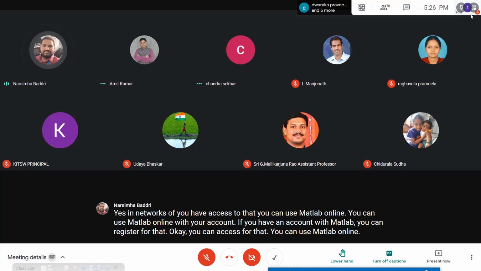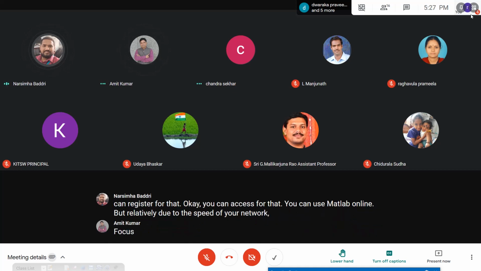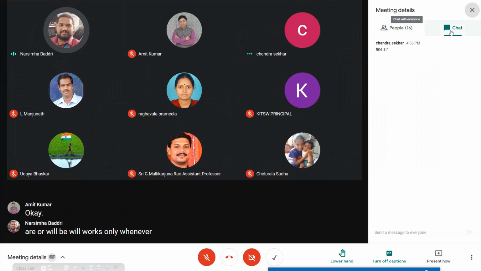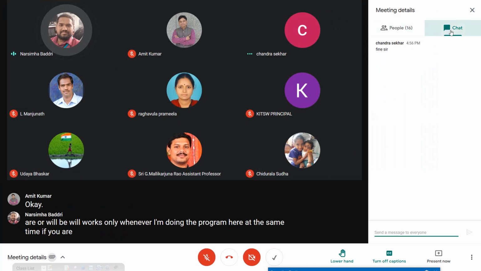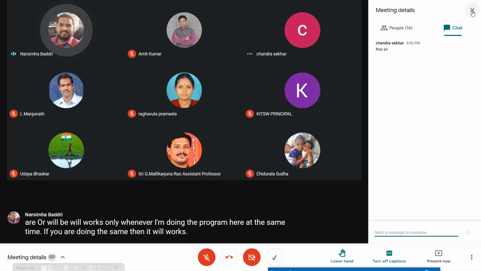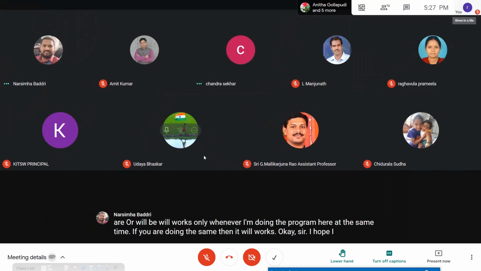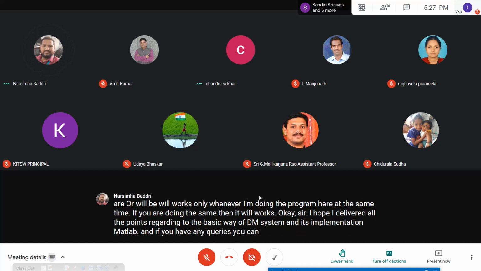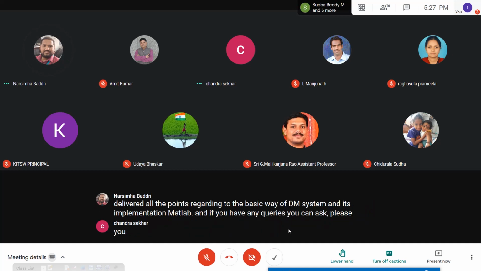In MathWorks you have a facility for that; you can use MATLAB Online with your account and register for it. But due to the speed of your network, it will take some time. The hands-on sessions will work only if you are doing the program at the same time as I am doing it here.